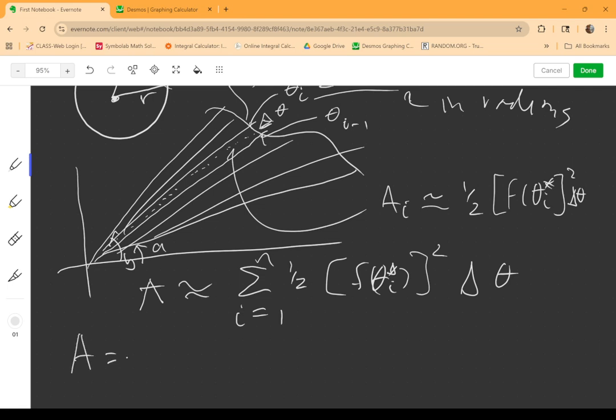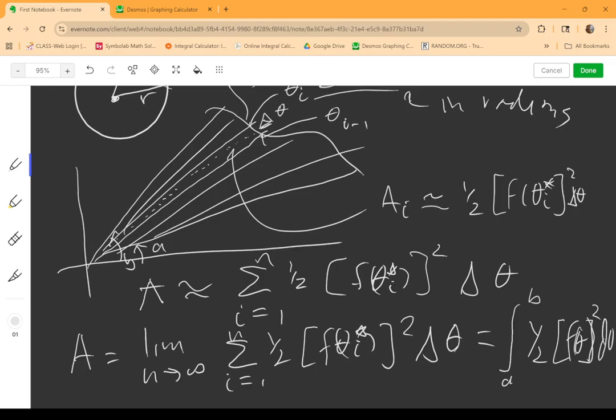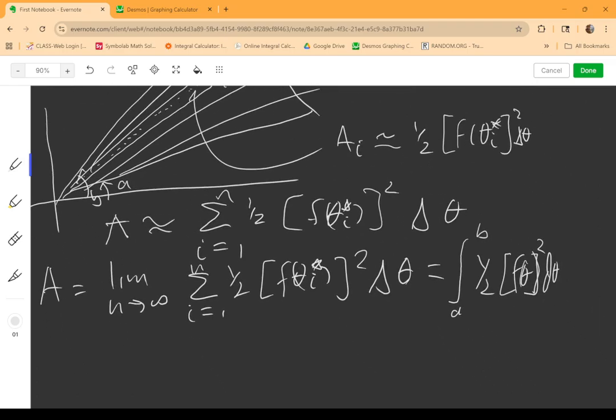So the area can be found by taking the limit as n goes to infinity of the sum of f of theta sub i star squared delta theta. Well, we know from first semester calculus that this converges, which here we can assume as long as f of theta is continuous, to the definite integral of f of theta squared d theta. So that is how we would find the area of our polar region.